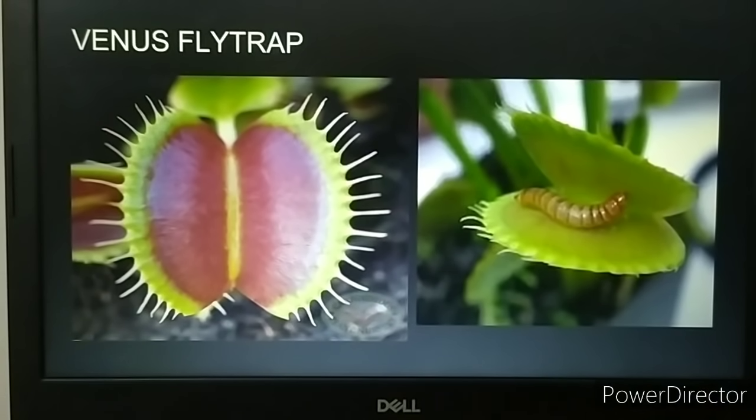So what do you understand from this? We can conclude that in the Venus flytrap, each leaf has long pointed hairs on its edges. The lamina is divided into two parts and the midrib acts as the hinge.